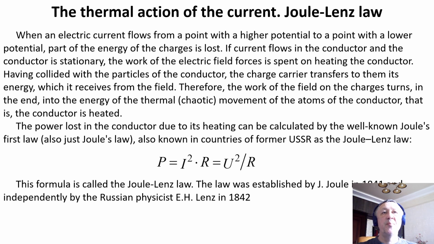Having collided with the particles of the conductor, the charge carrier transfers to them its energy, which it receives from the field. Therefore, the work of the field on the charges turns, in the end, into the energy of the thermal chaotic movement of the atoms of the conductor. That is, the conductor is heated.